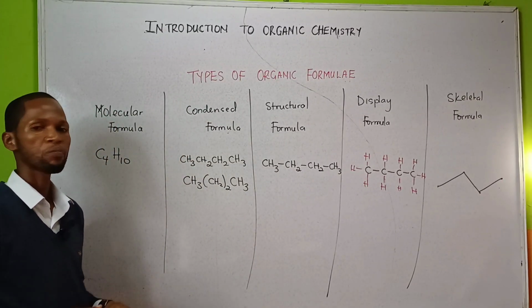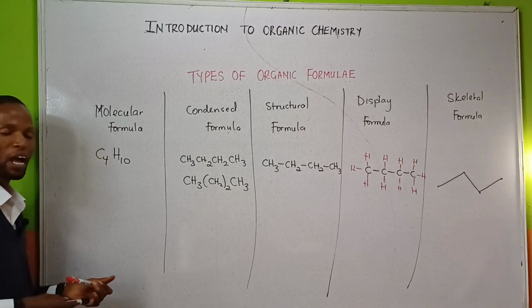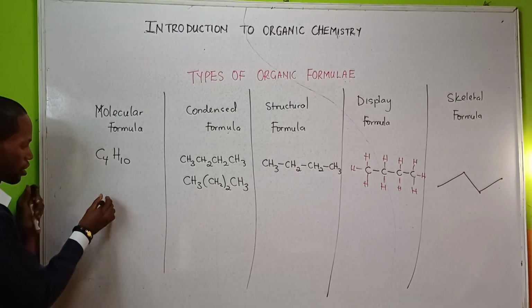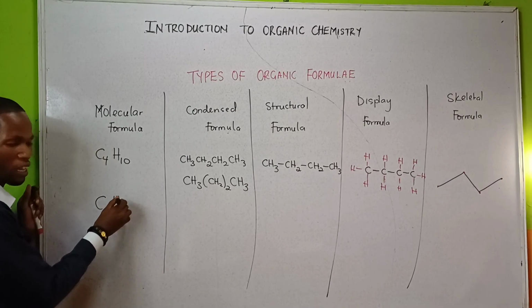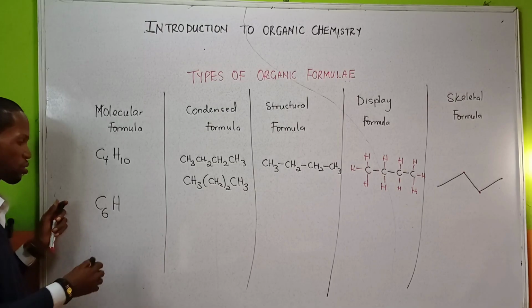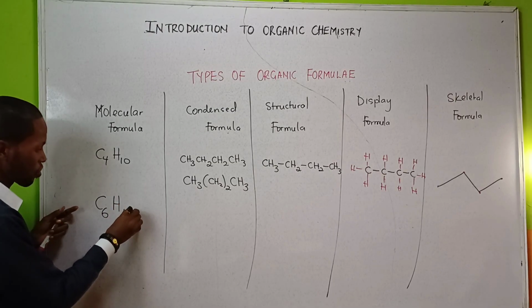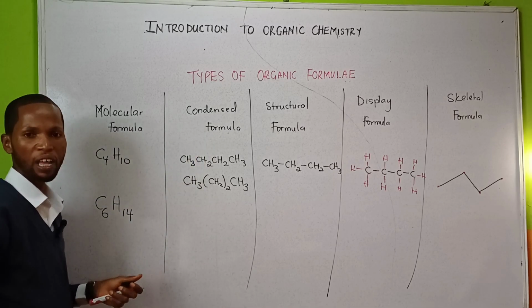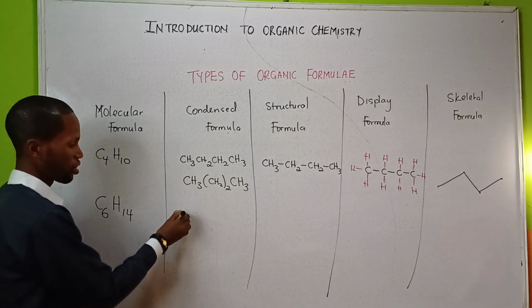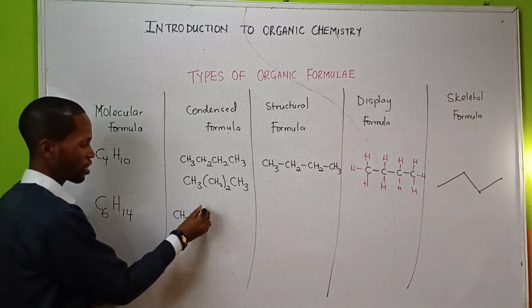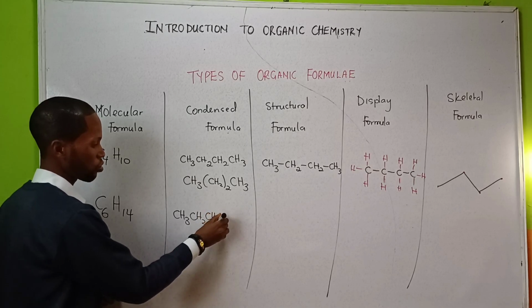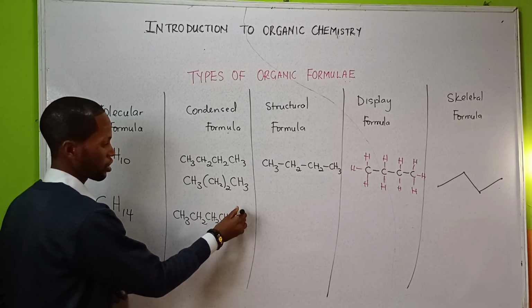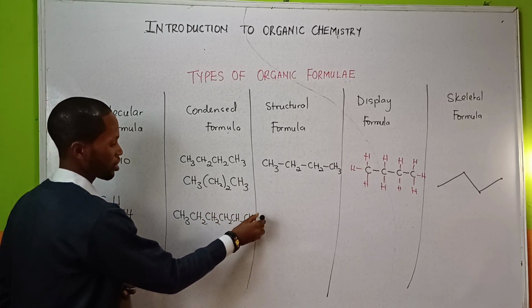The sixth member of the alkane will have the molecular formula C6H what? That's right, C6H14. Okay, so the condensed formula is written in this form: CH3, CH2, CH2, CH2, CH2, CH3.